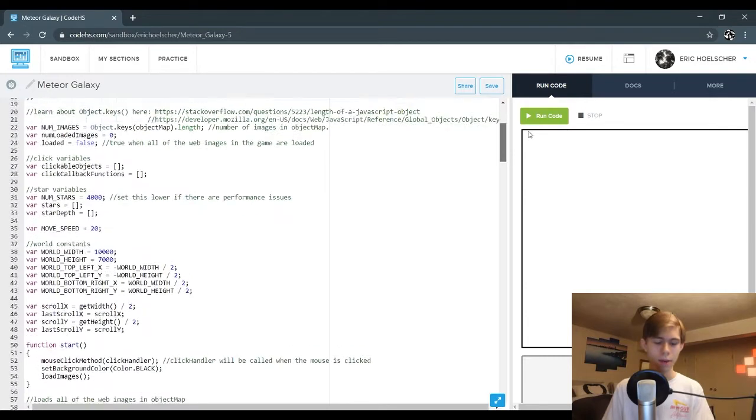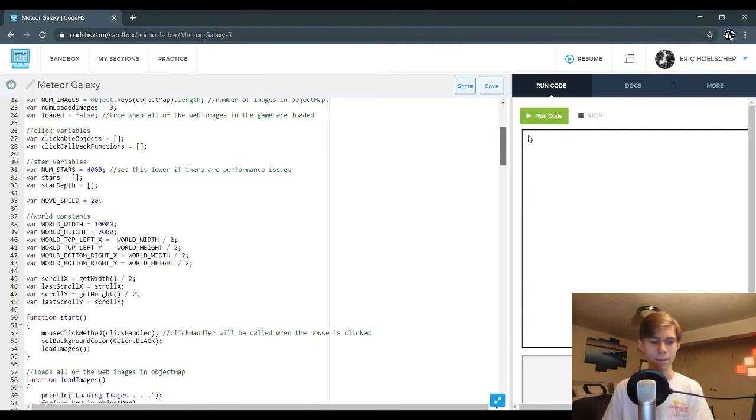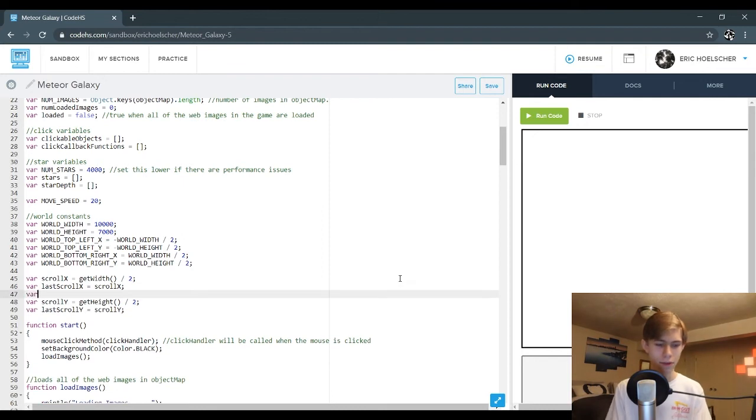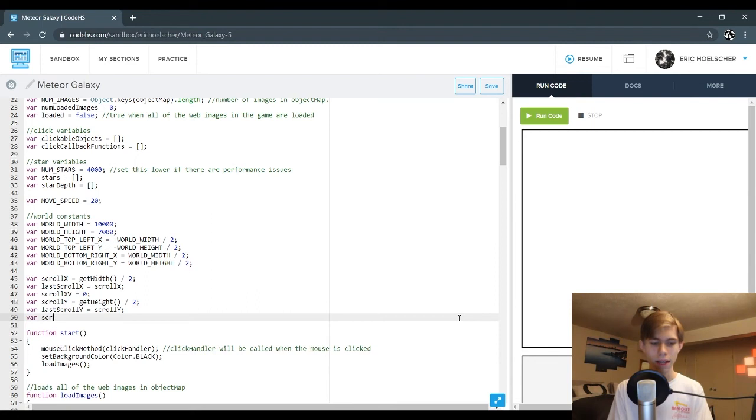And we're also going to have velocity. So the first thing I'm going to do is add some velocity variables. Right now we have scrollX and scrollY. We're going to add scrollXV for X velocity, and that will be initialized to 0. And then we're also going to have scrollYV, and that will be 0.